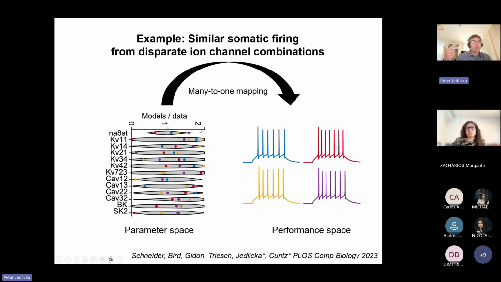With respect to the original model from Marcel binding, okay? So we varied the conductance, and different colors represent different biophysical configurations of these ion channels. So basically different biophysical models, but you see that they all generate very similar somatic firing patterns. So you have a many-to-one mapping between the parameter space and electrophysiological space.